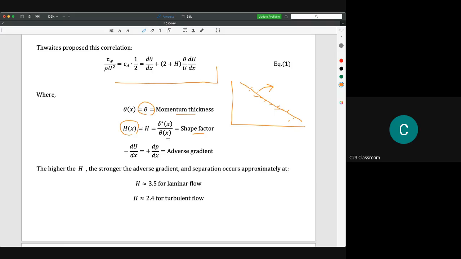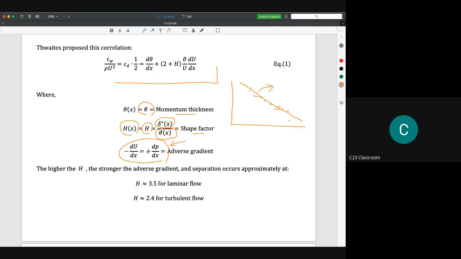The shape factor is the ratio of delta star, the displacement thickness, and the momentum thickness theta. And then we have negative du/dx equal to positive dp/dx. If you read more about this, you will find that this correlation actually depends on the graph.